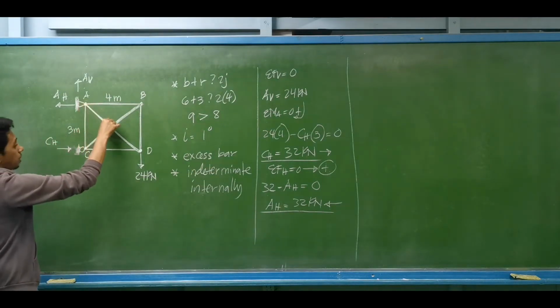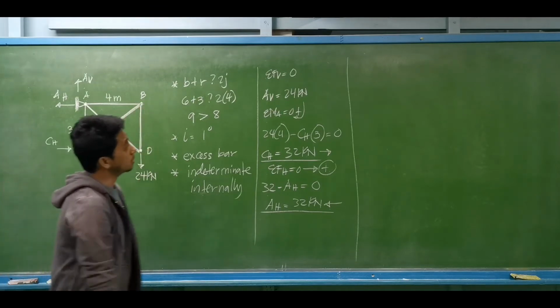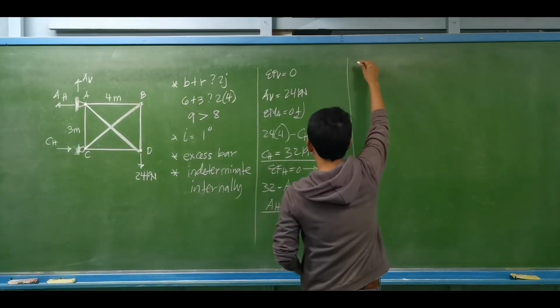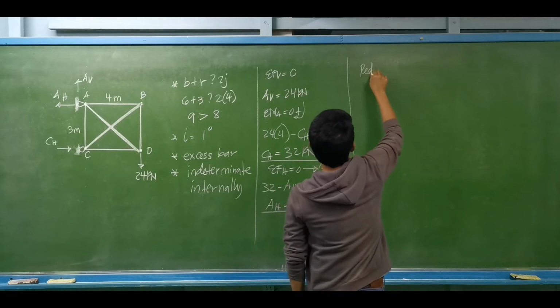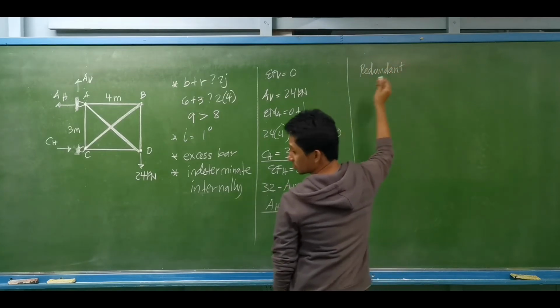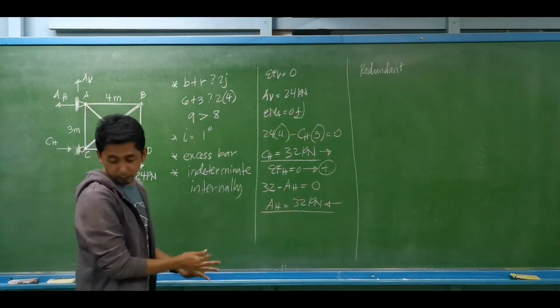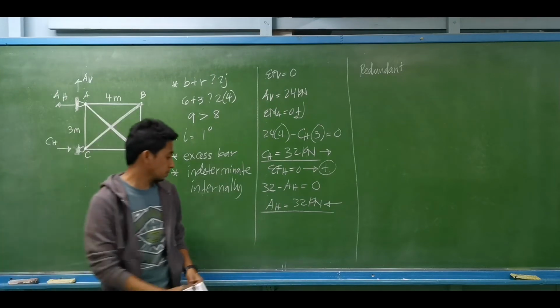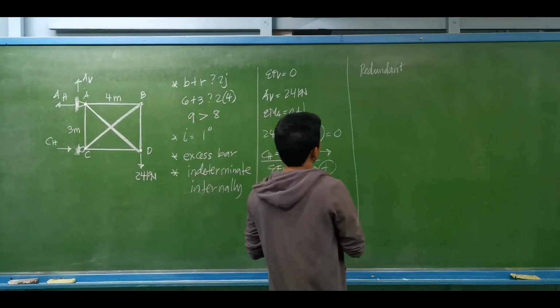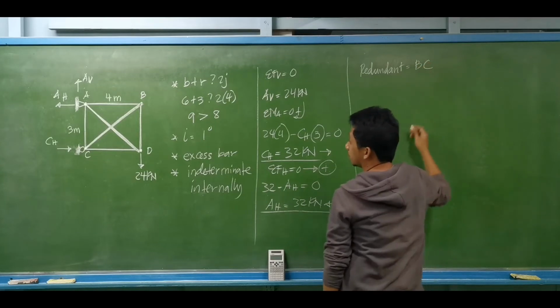Let's say we can have AD or BC. So let us assign our redundant. Our redundant will be BC. So we are choosing BC as the redundant.